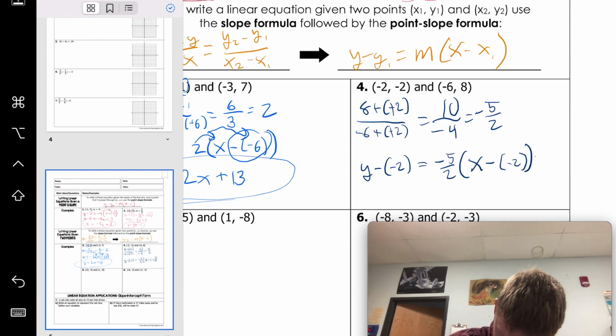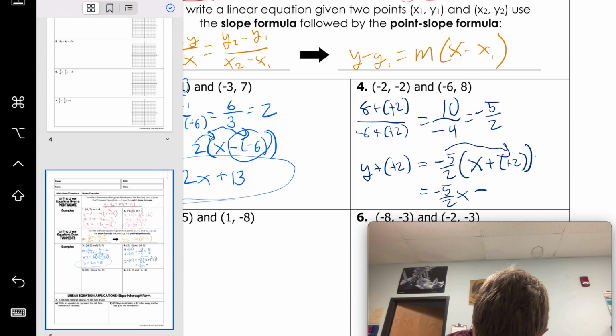And solve. So that's +2. So then we've got -5/2x minus, so that turns into a positive, and then a negative times that 5, because the 2's cancel each other out.